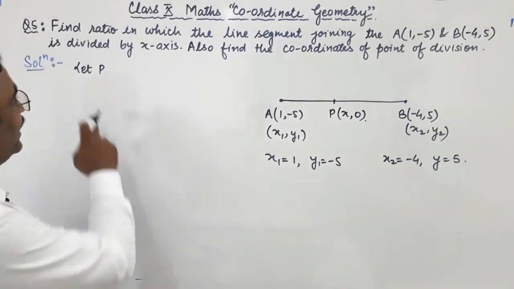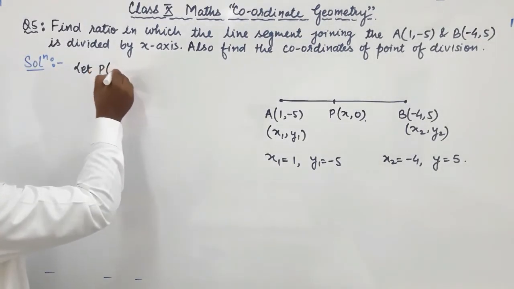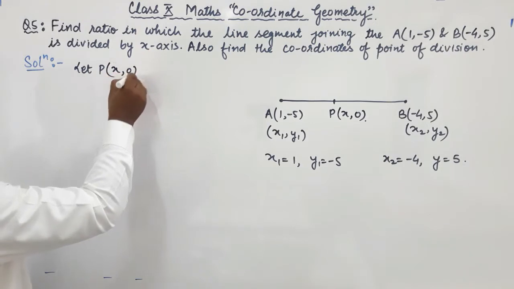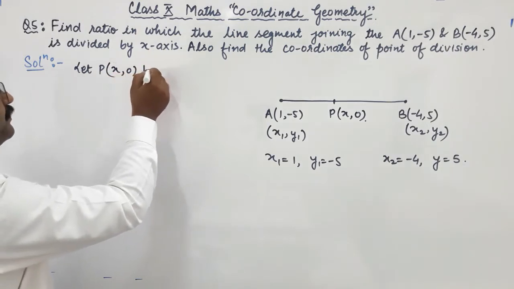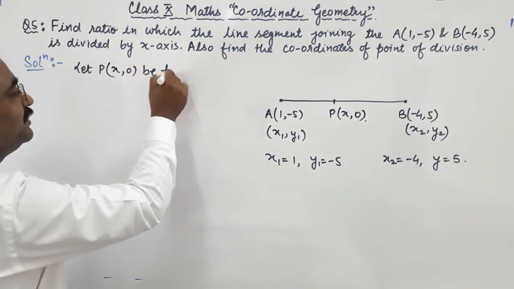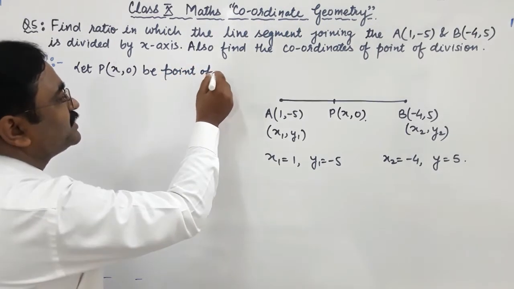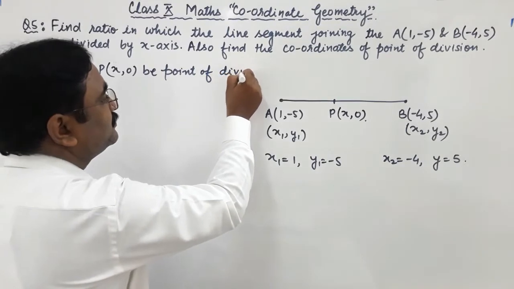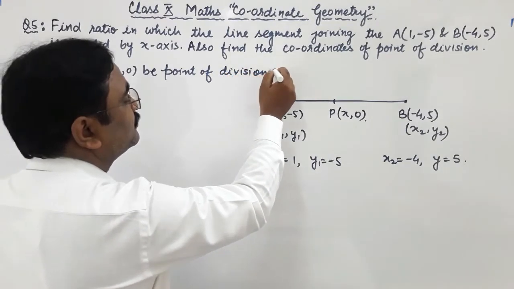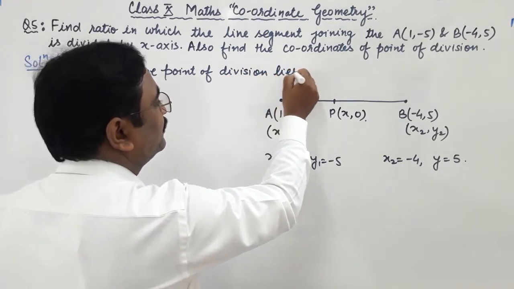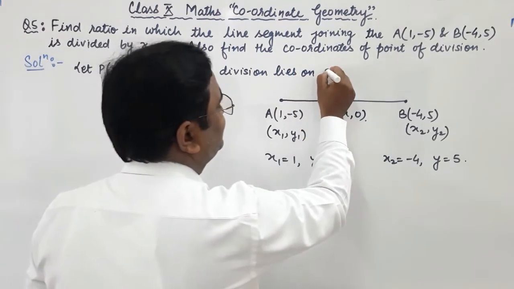So let P, with coordinates (x, 0), be the point of division that lies on the x-axis.